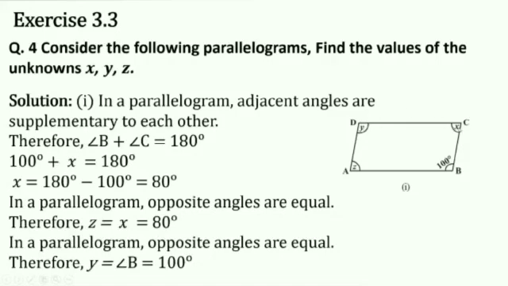But here again you see angle A is the opposite angle of C. So if x we have calculated is 80, then z is also 80 degrees. So the value of x and z is equal to 80 degrees and y is equal to 100 degrees.